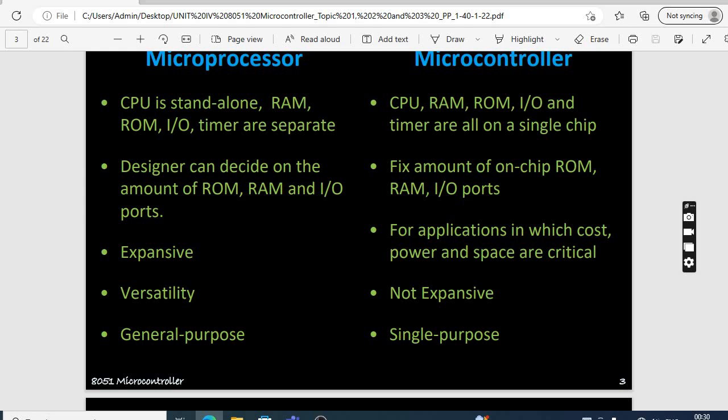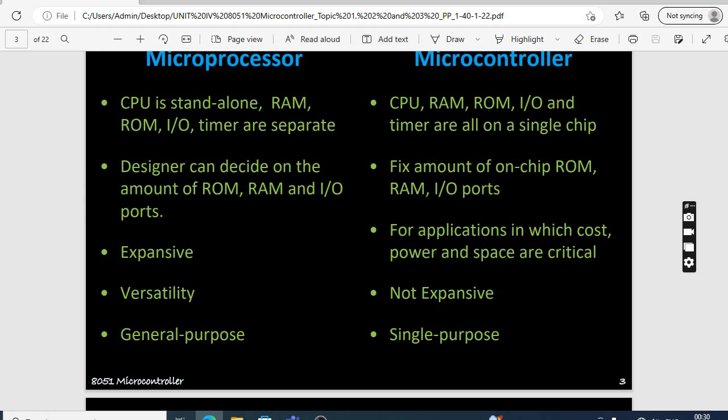In case of a microprocessor, we will have a memory, RAM as well as ROM, and the IO. Everything is kept separate, whereas in a microcontroller, everything will be kept in a single chip.